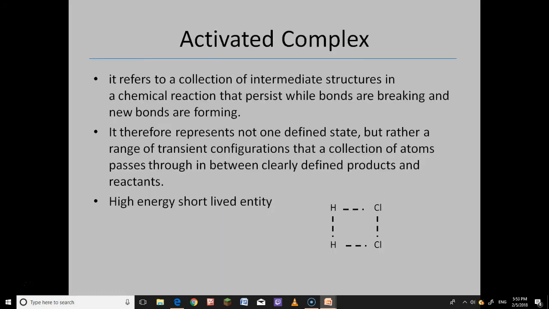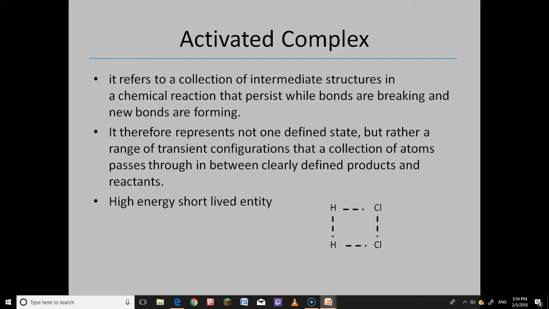Now, the activated complex refers to a collection of intermediate structures, and this is where all of our bonds are basically half broken and new bonds are half formed. They can be represented in more than one way, but for our simple molecule here, we can see that the bond between the two hydrogen atoms is almost broken, and that's why it's represented with a dashed line.